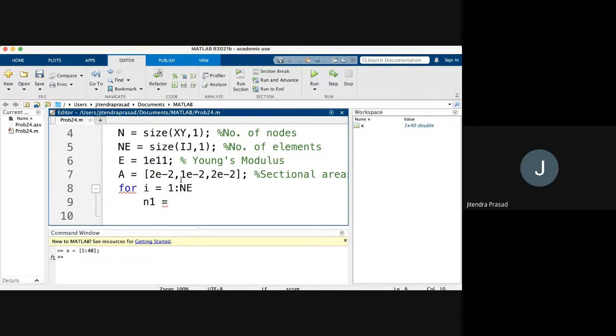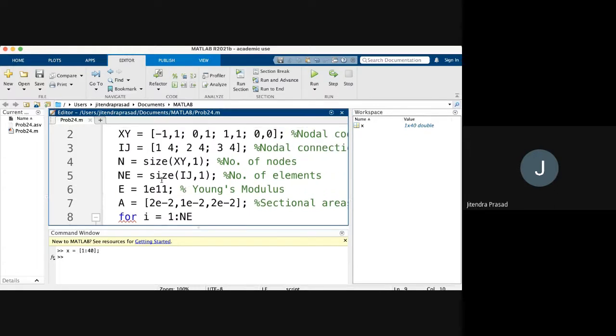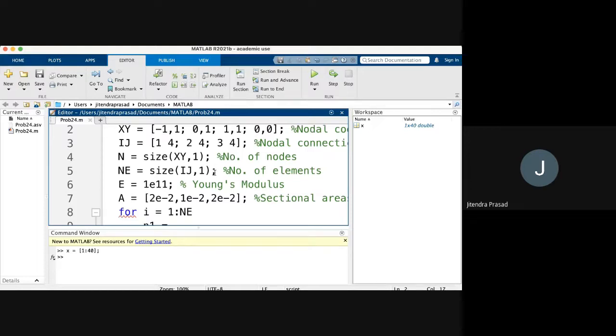There is not a definite way of programming. You can program your own way, but I'm doing it the long way so that everybody can understand. For every element we want to find the first node and the second node, then the difference of the coordinates. Based on that we can find the distance between the two nodes, and that will give us the length of the element.